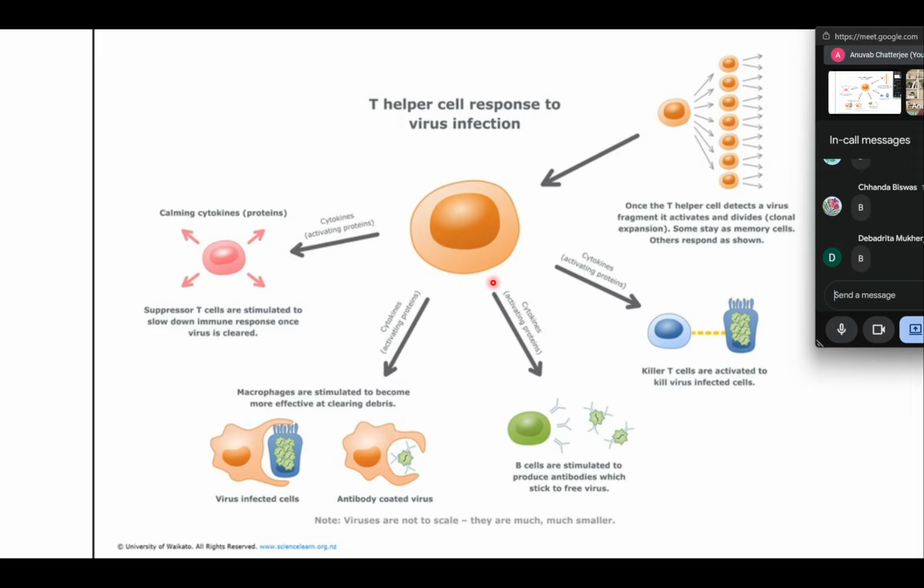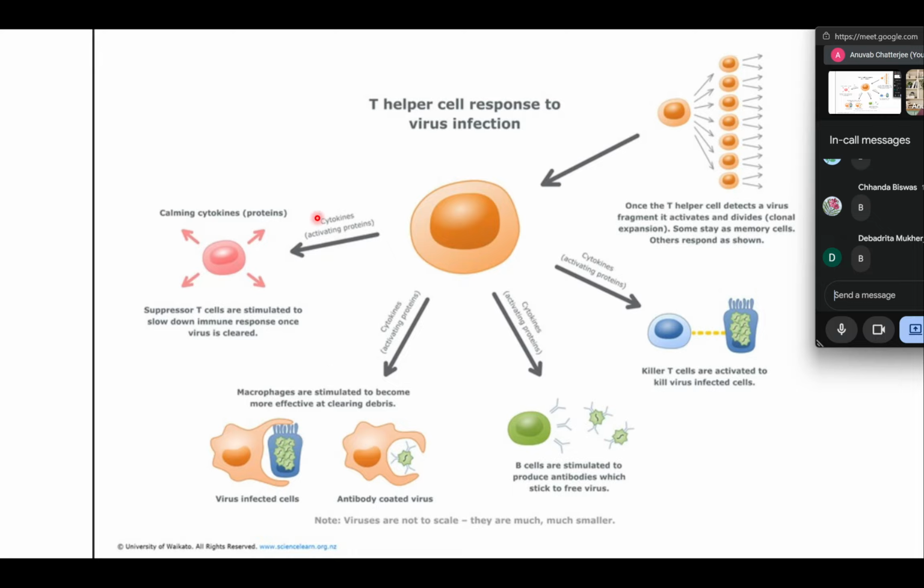The T cells will have the B cells produce antibodies that can detect the bacteria. It also helps macrophages, which are huge immune cells that can engulf the bacteria or viruses directly. So these macrophages are activated and start consuming all the bacteria and the viruses.